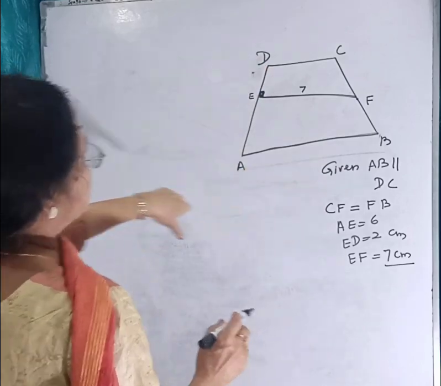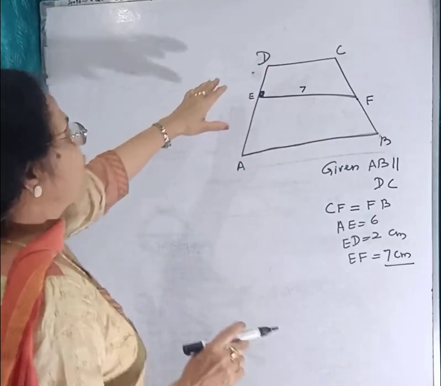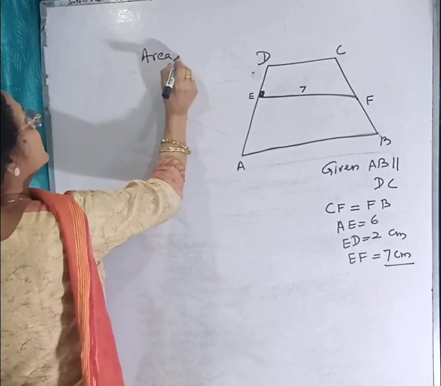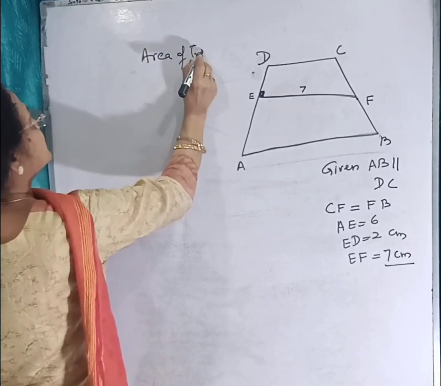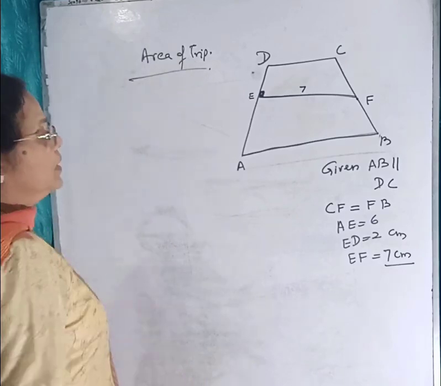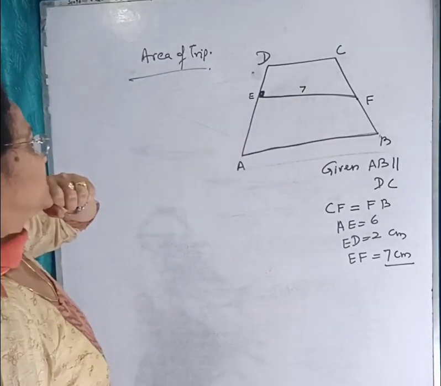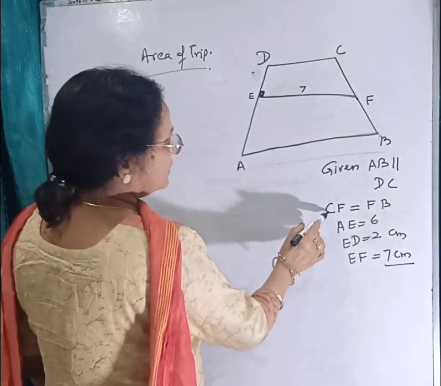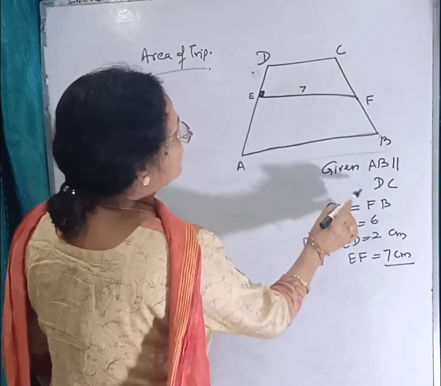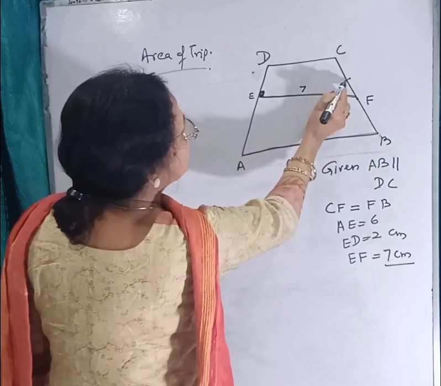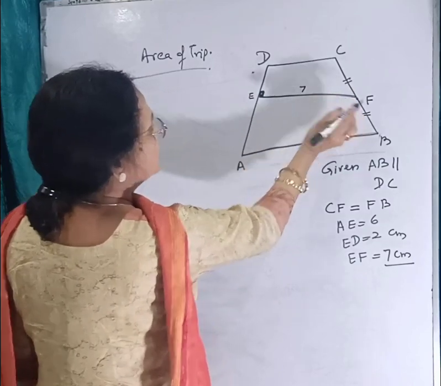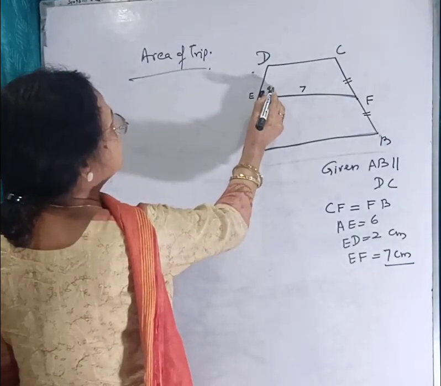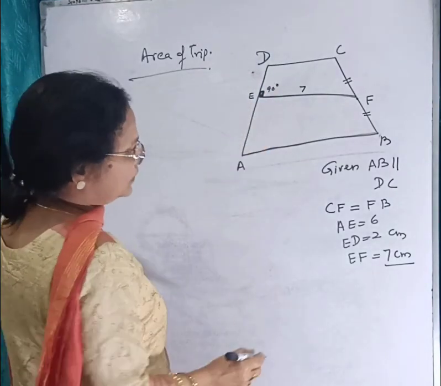This is the trapezoid. We have to find the area of the trapezoid. How can we find it? What are we given? CF is equal to FB. It means CF is equal to this. First condition. This angle is 90 degrees.